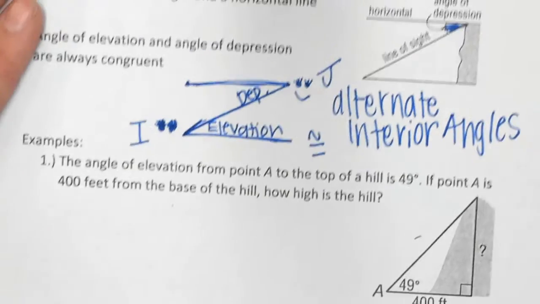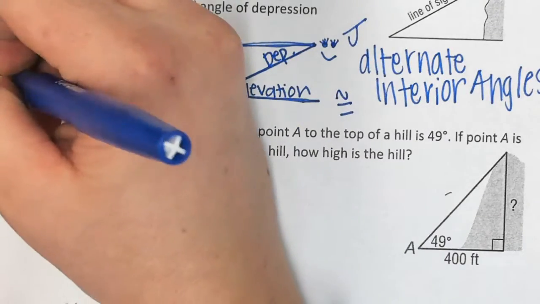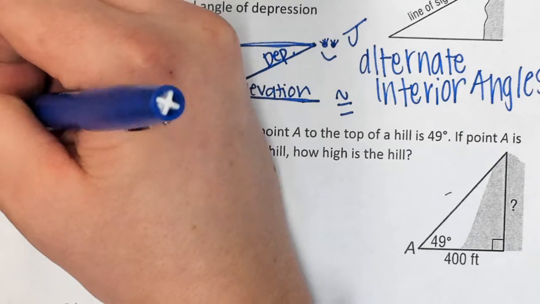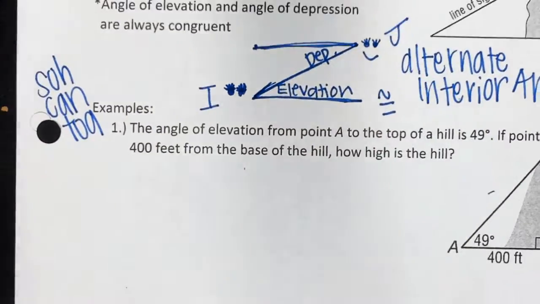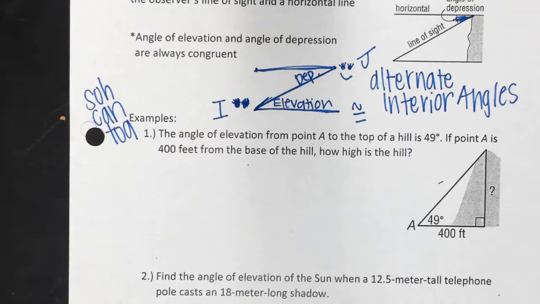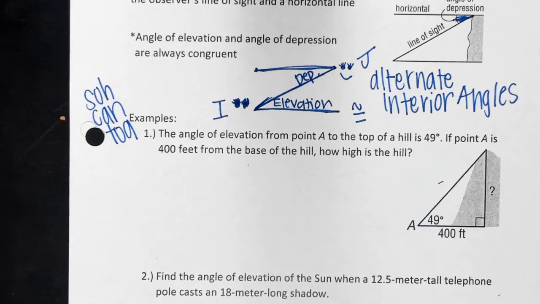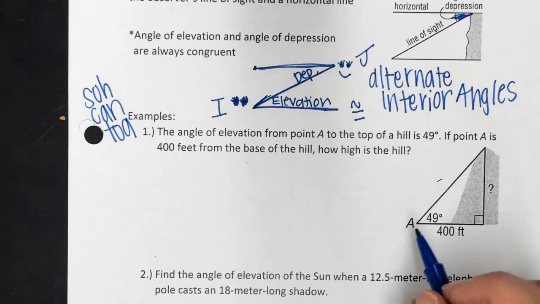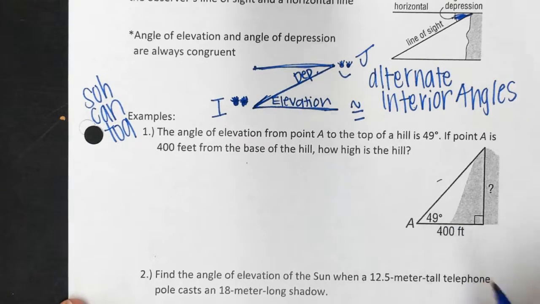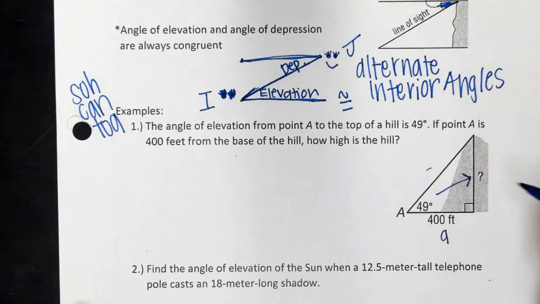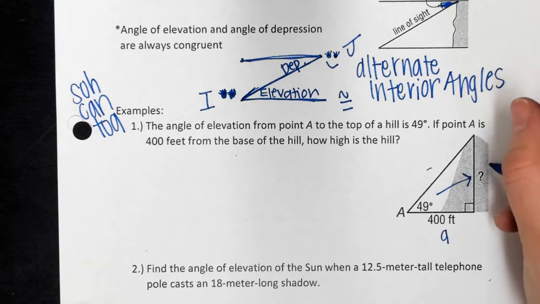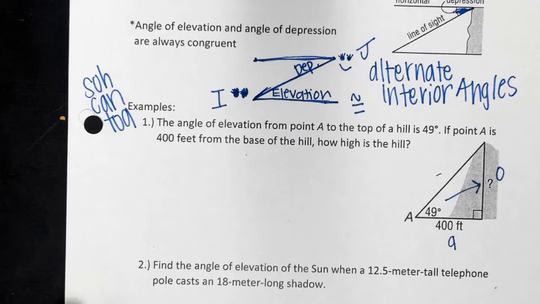So we're still going to use SOHCAHTOA. Okay, so if I'm using 49, what is 400 in regards to it? Adjacent. And what is over here? Opposite.